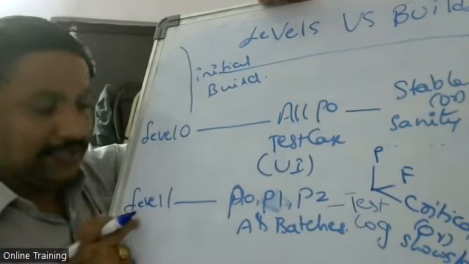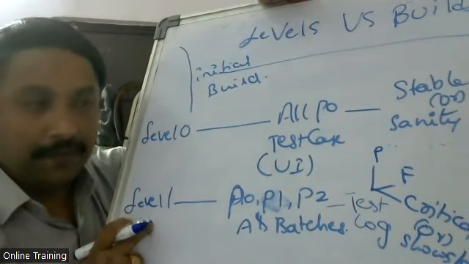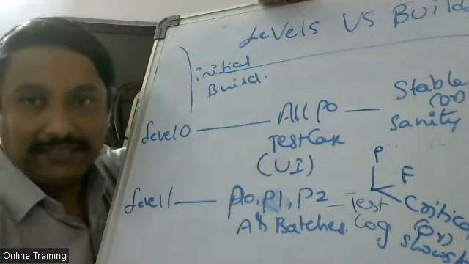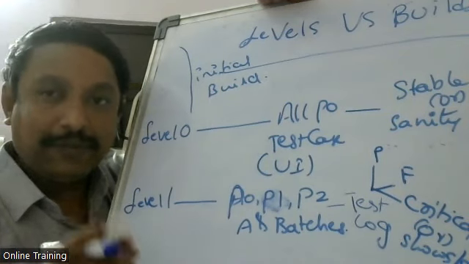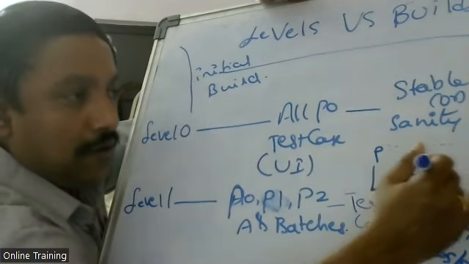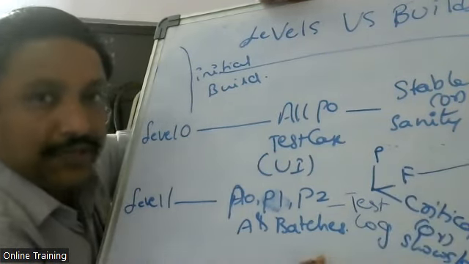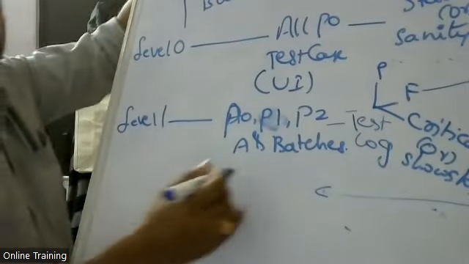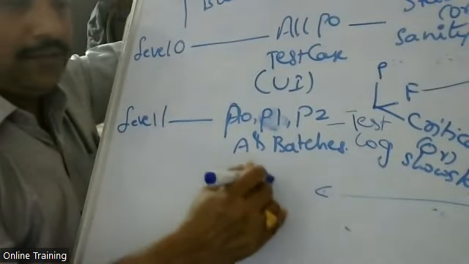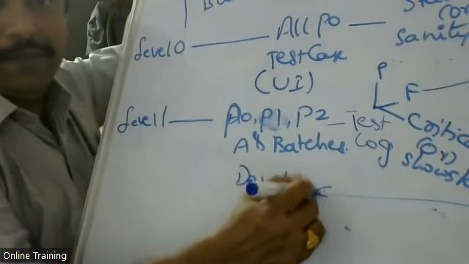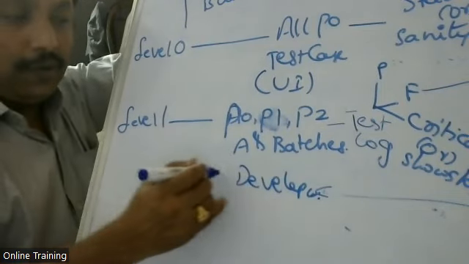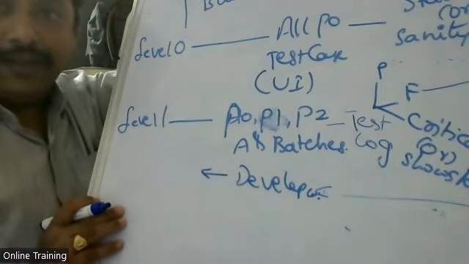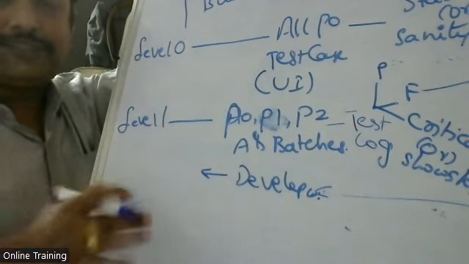So in this level 1, if any mismatches arise and the expected value is not equal to the actual value, we are going to send this to the developer. The developer will identify them and resolve it.